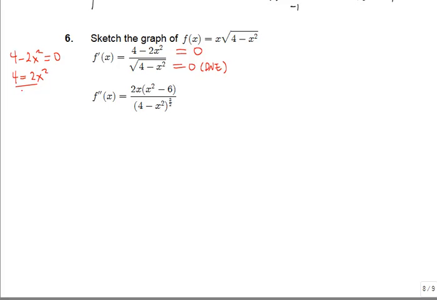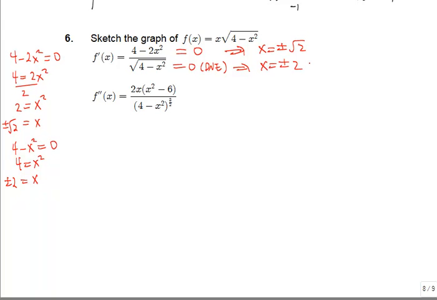If I add that over and divide by 2, I get plus and minus √2. So this is going to give me x equals plus or minus the square root of 2. And this denominator will equal 0 when 4 minus x² equals 0. And that is obviously going to happen at plus or minus 2.